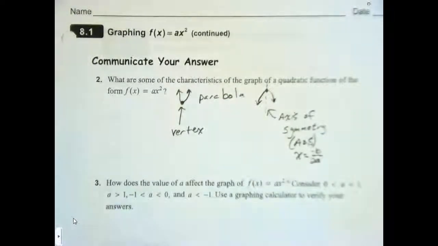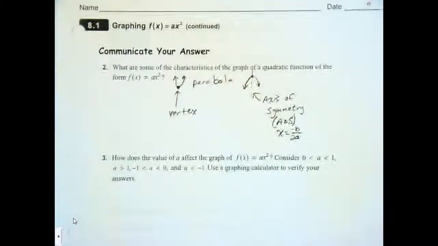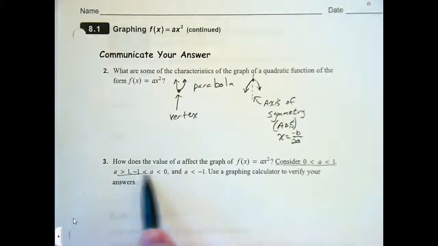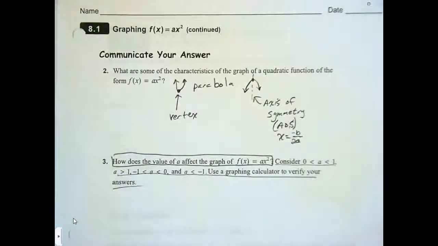Okay, this next question, number 3, says, how does the value of a affect the graph? Okay, now let's ignore this statement for a minute, and that. Let's just focus in on this. How does a affect our graph? Tell your neighbor what it does.